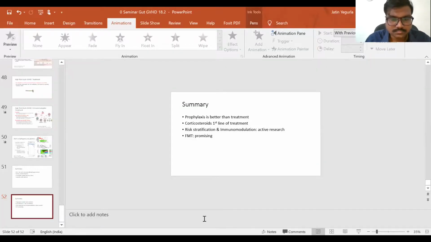Thank you, Jatin, for a very nice presentation on GVHD. I just want to highlight some clinical points. When we get a consult for suspicion of GVHD from a hematopoietic stem cell transplant center, as he highlighted, the diarrhea, which is mostly because of acute GVHD, we will see after the 2 weeks of stem cell transplantation, and the diarrhea is typically large voluminous, and sometimes there is more protein loss.